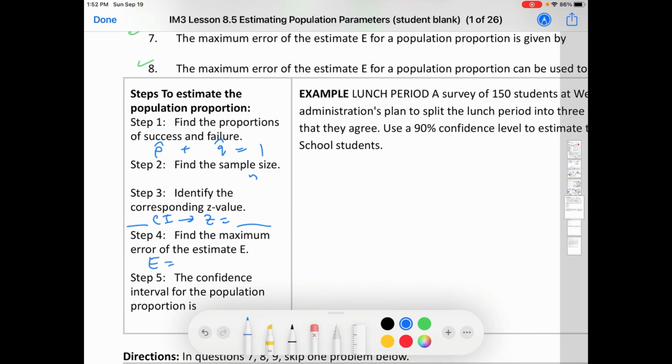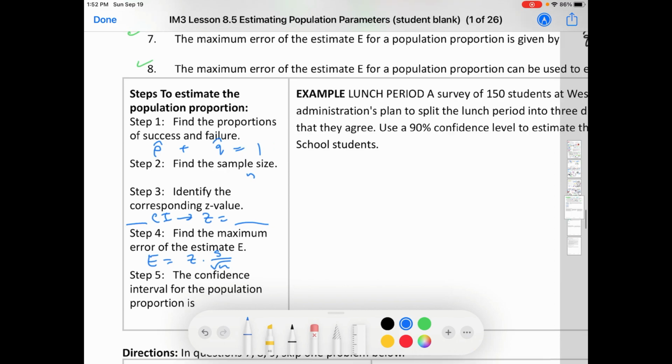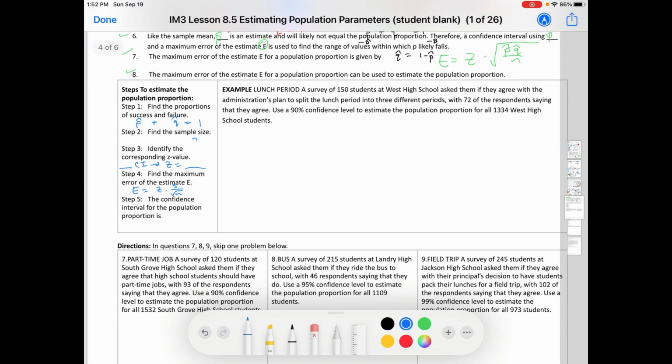Well, we've already done that. E equals Z times S divided by the square root of N. But this one, sorry, that estimate though, we can still use that to get P hat.